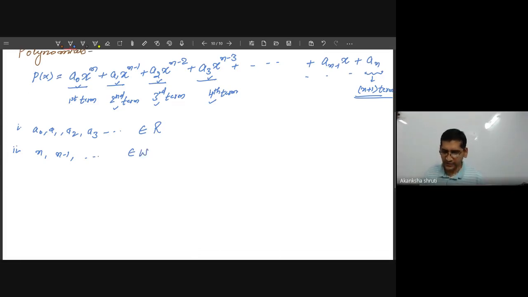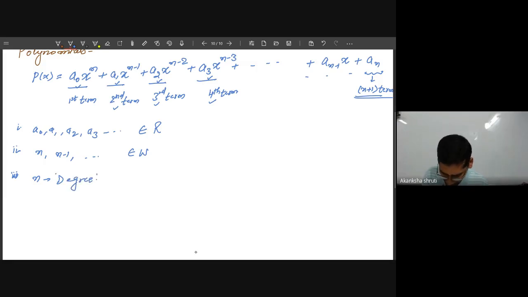Based on this, the polynomial is decided. Now students, how is this classified? This polynomial includes all kinds of polynomials, but their classification is based on the value of n. So this n, the highest power of the variable, is called the degree.